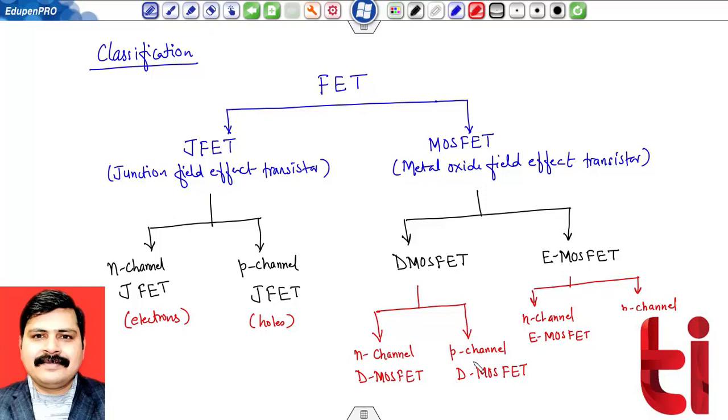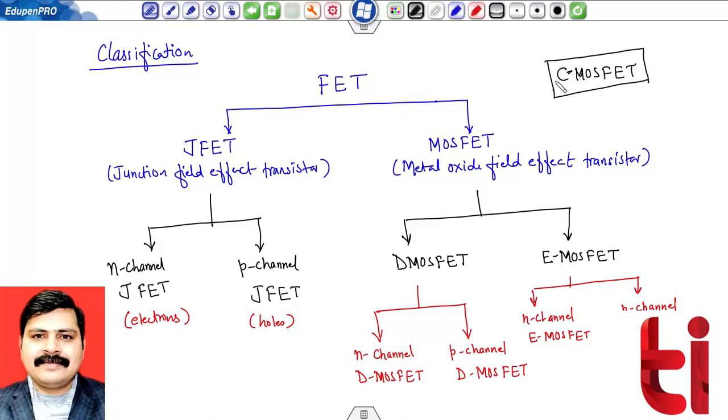In fact, there is one more class we will discuss here, and this is termed as C MOSFET. Here C stands for complementary MOSFET. It is a combination of N channel and P channel, forming a complementary MOSFET, which is termed as CMOS.